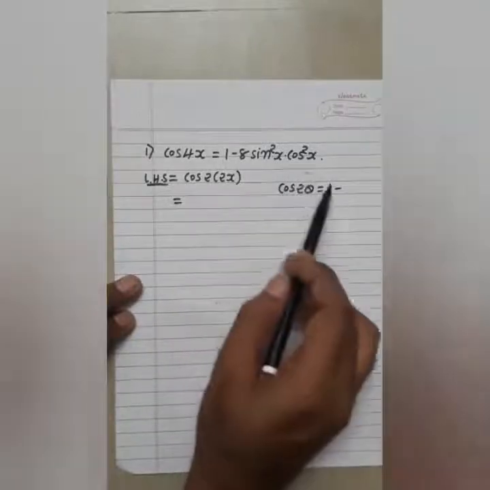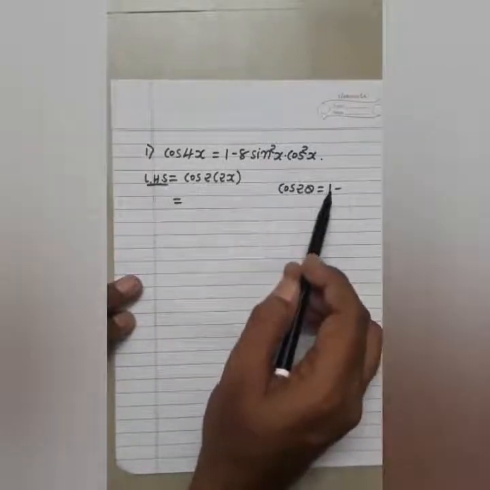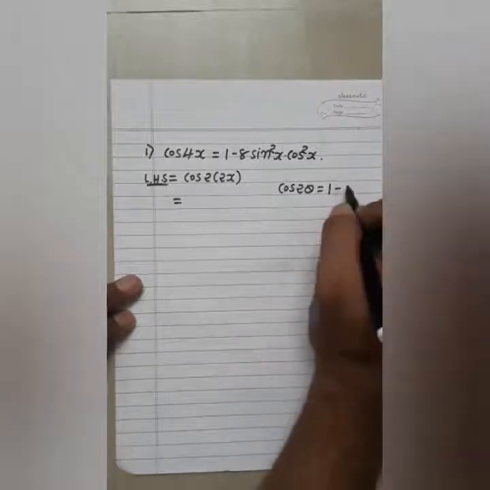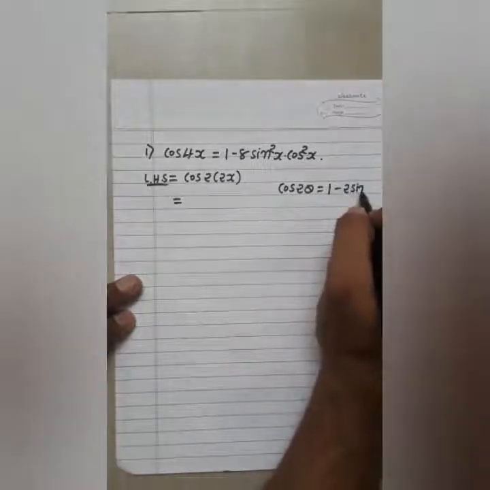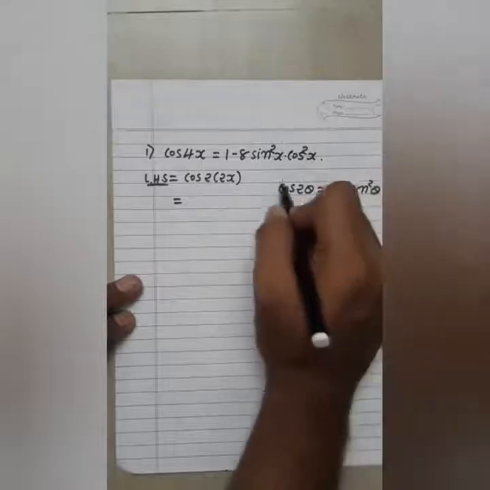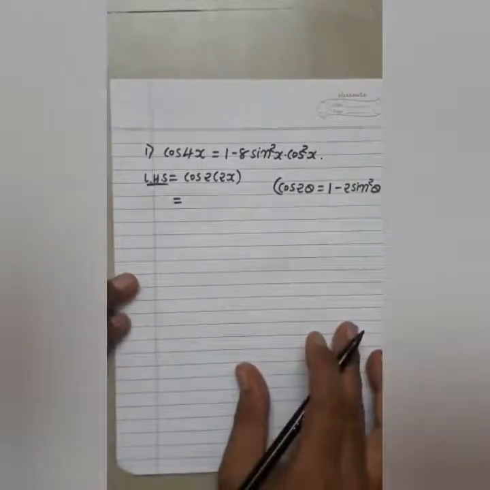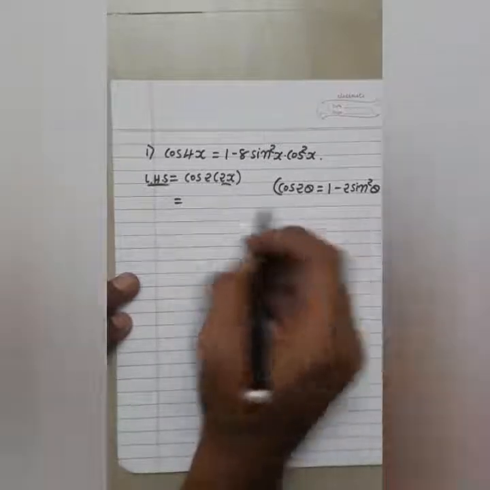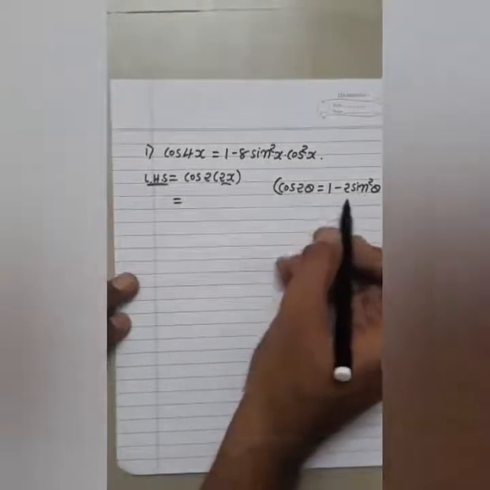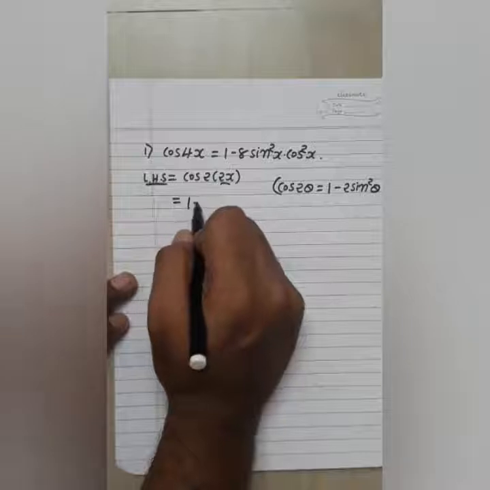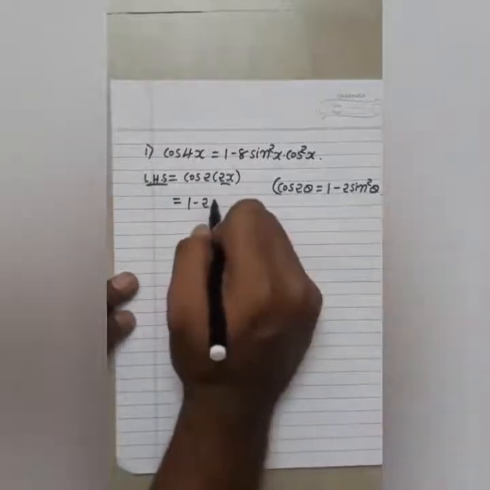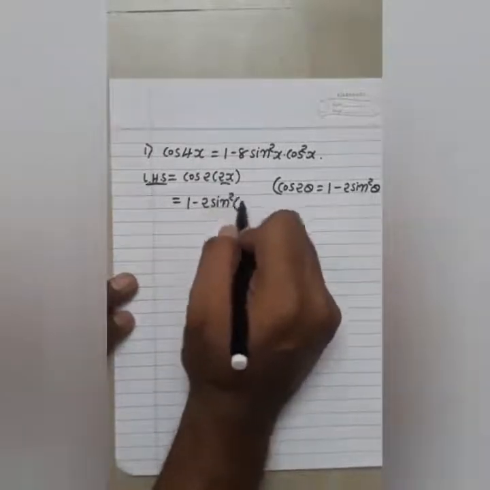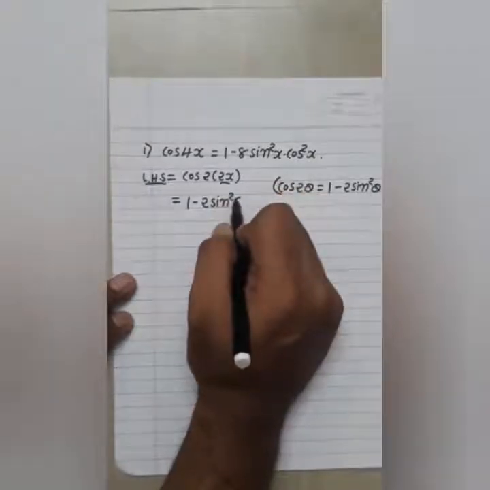So here we can use the formula 1 minus 2 sin square theta. Now here in place of theta we can consider 2x. So substitute the value in this equation. So 1 minus 2 sin square, and in place of theta write 2x.